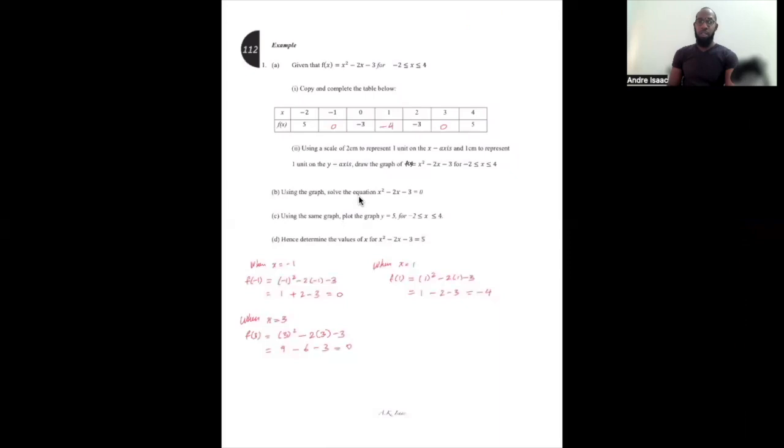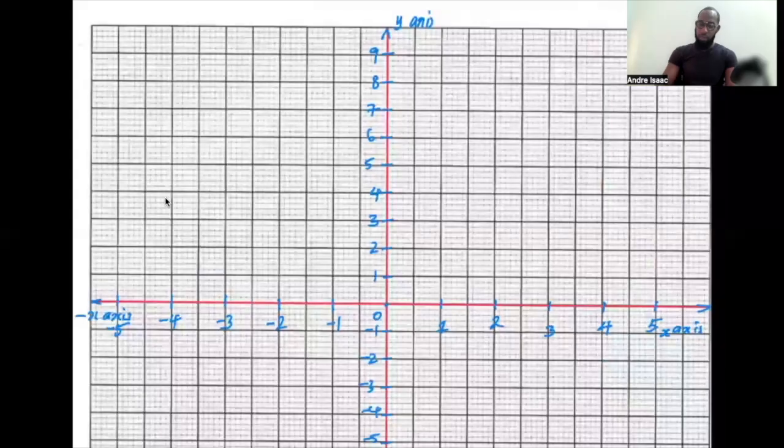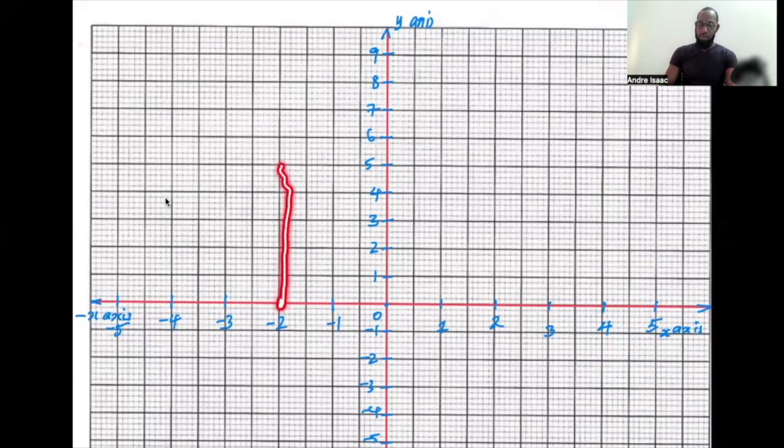Now we have to plot the points. We have negative 2, 5. When you're plotting points, x comes first, y comes second. I'm looking for negative 2 on the x, and then I'm going up or down to get 5. This is plus 5, so you're going up. Let me show you. Negative 2 on the x, and then we go up on this line until we reach 5.